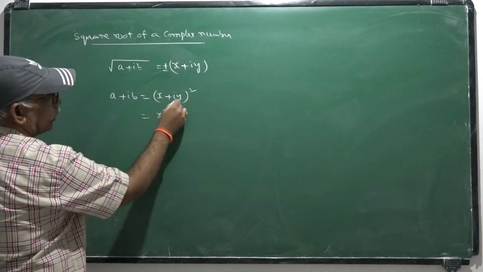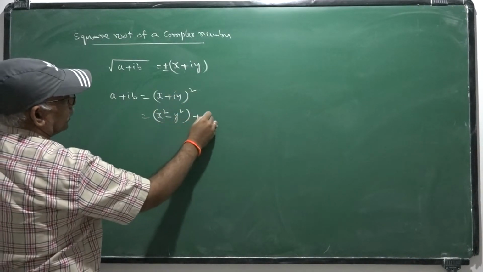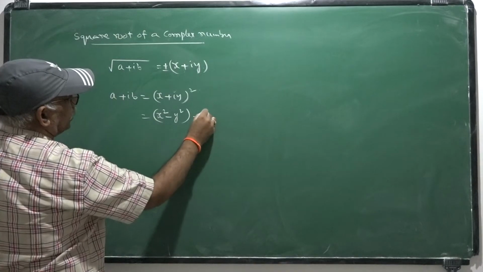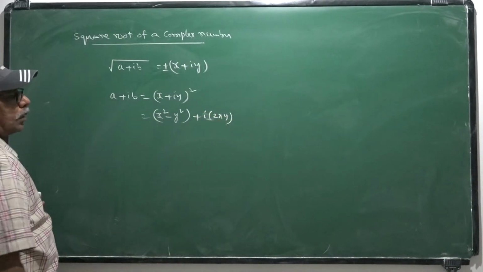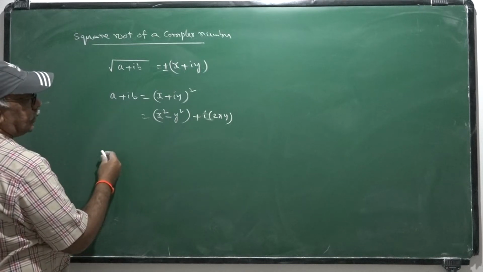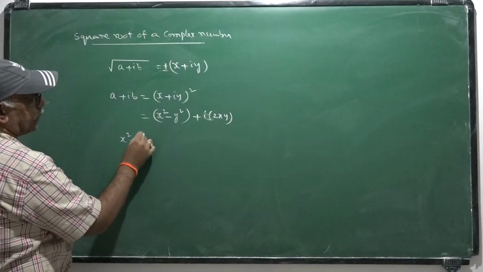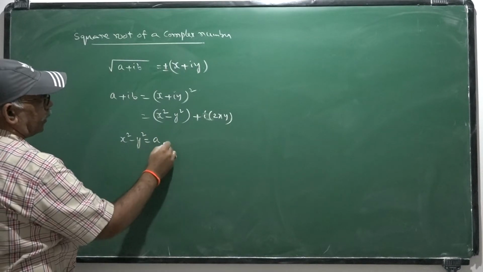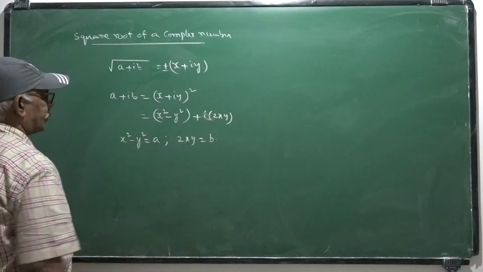That is x square, i square y square is minus y square, plus 2ixy. So x square minus y square is a, and 2xy is b.